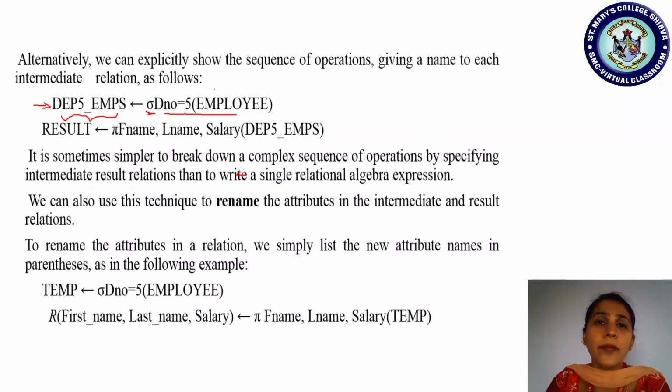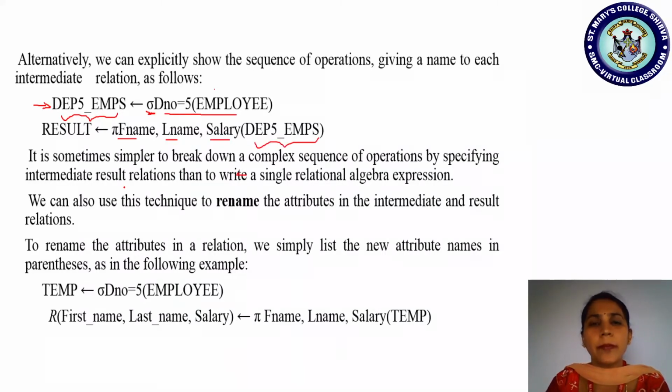Now we have to apply the project operation. In the next step, project first name, last name, salary from the previous result. Which is the previous result? It is held in Department 5 underscore EMPS, right? See, the same name is used here.